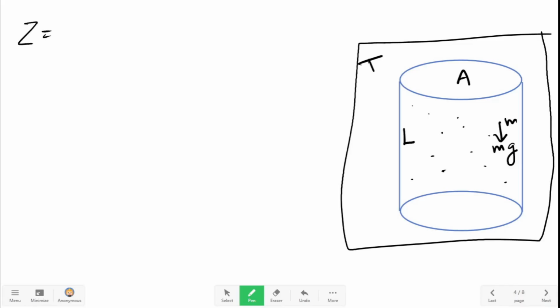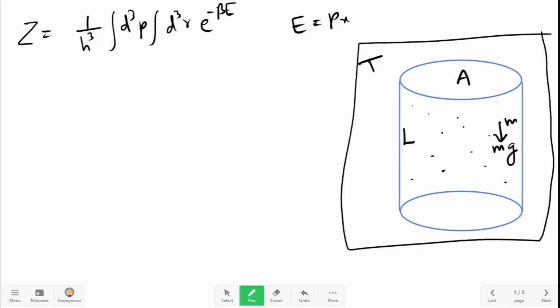Z is equal to the integral, and we integrate over phase space because each point in phase space represents a particular state. Integral d cube p, integral d cube r, e raised to minus beta H, or E. So the Hamiltonian or energy, let's use E itself, is equal to px square upon 2m plus py square upon 2m plus pz square upon 2m.